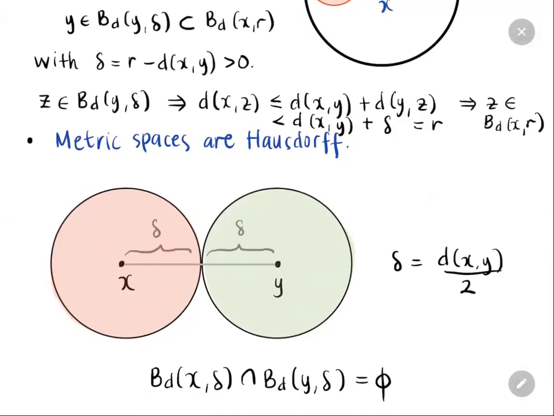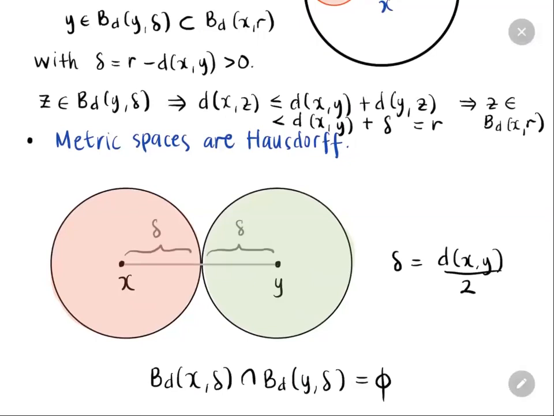What is nice in metric spaces is that they are automatically Hausdorff. So as a consequence, all sequences can have at most one limit. So either the sequence is convergent or not. And if it is convergent, then the limit must be unique.